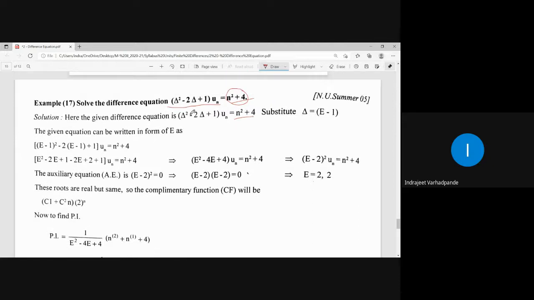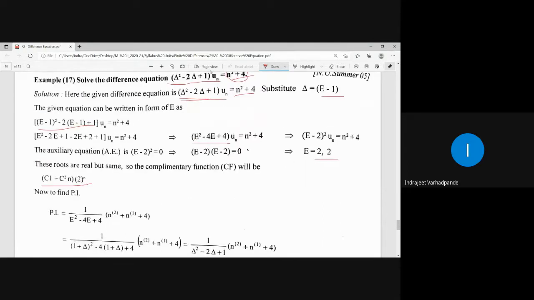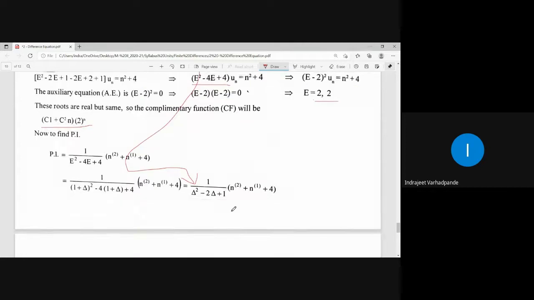So in this case, मुझे CF निकालने के लिए the LHS should be in the shift operator form. So initially, though delta is given, delta is equal to E minus 1. I will have to put it accordingly, find out the operator form, get the roots, write down the CF. After that, again, I have to use this particular expression because I want to calculate the particular integral.